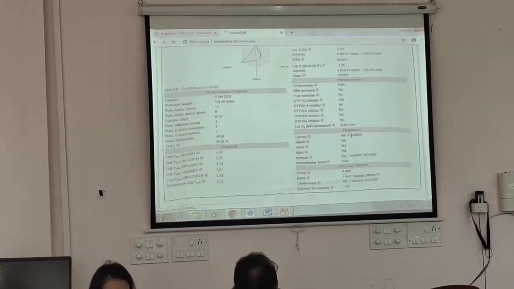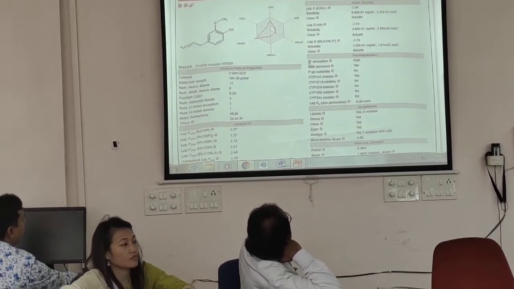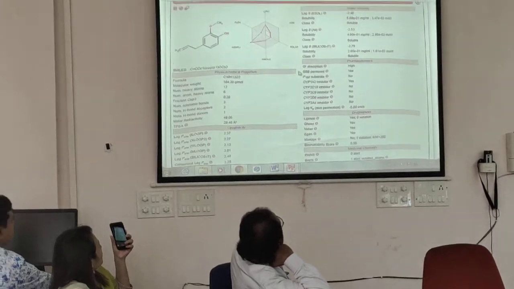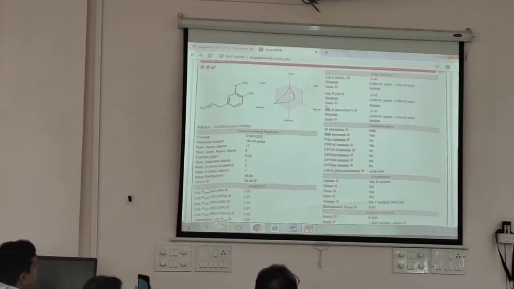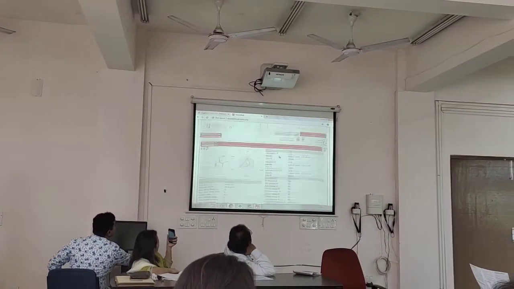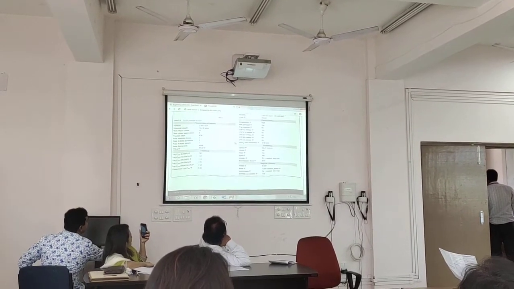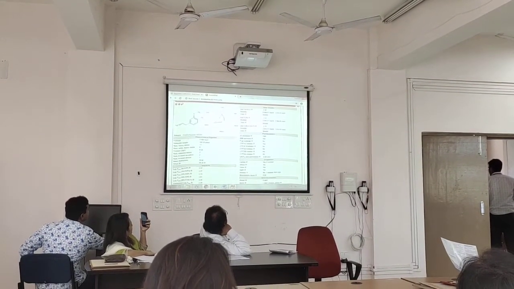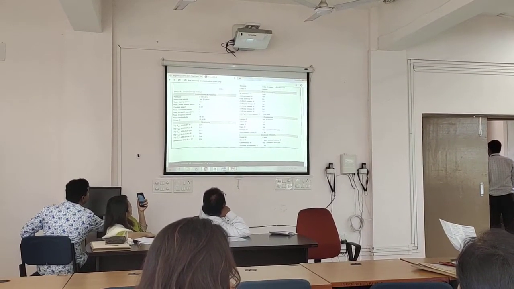I have taken only 5 parameters. They have given n number of parameters. I have taken gastrointestinal absorption, blood-brain barrier permeant, log value, and then Lipinski rule. Those which are the most important criteria, I have taken. So you will get molecular weight, number of rotatable bonds, number of hydrogen bonds.